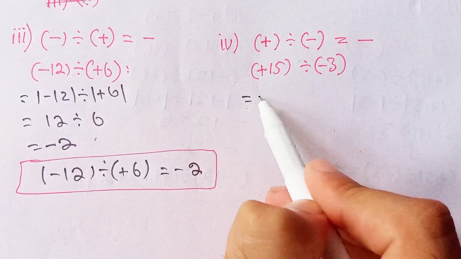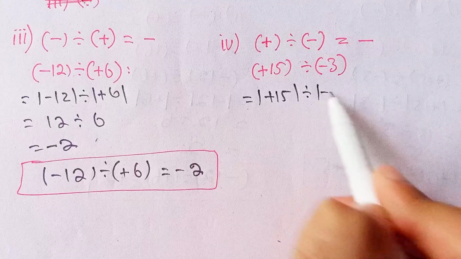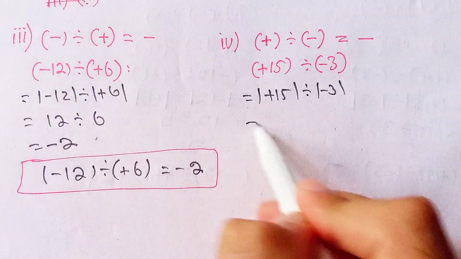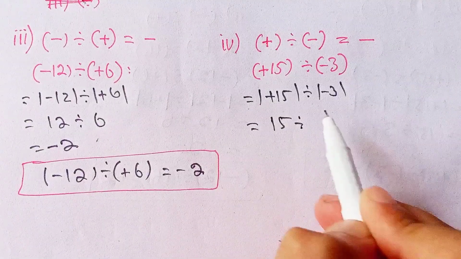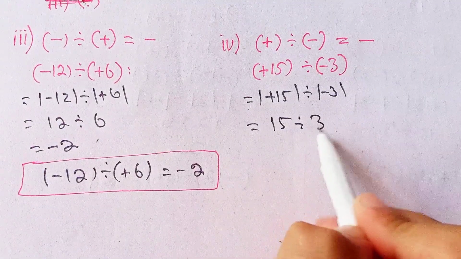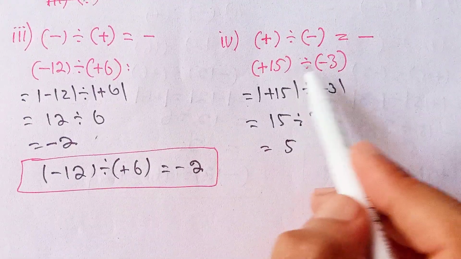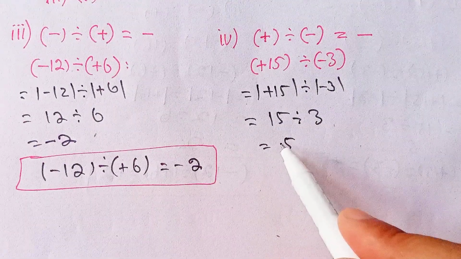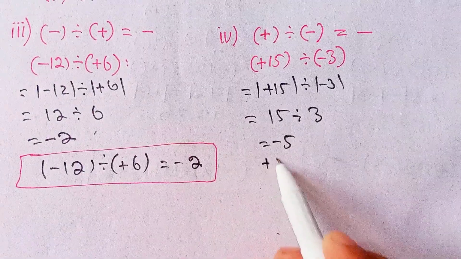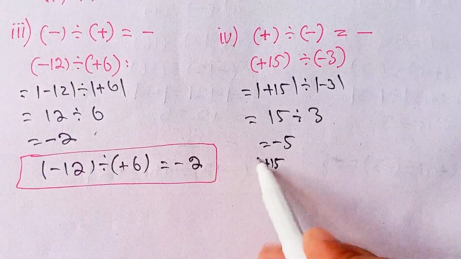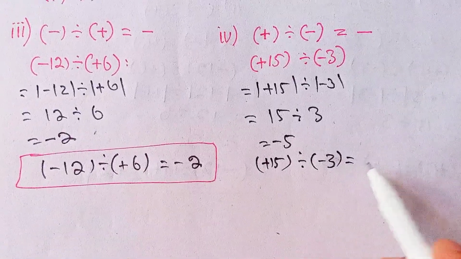The absolute value of positive 15 is 15, and the absolute value of negative 3 is 3. 15 divided by 3 equals 5. Now as the two integers have different signs, we will put a negative sign before the quotient. So our quotient will be negative 5. Positive 15 divided by negative 3 equals negative 5.